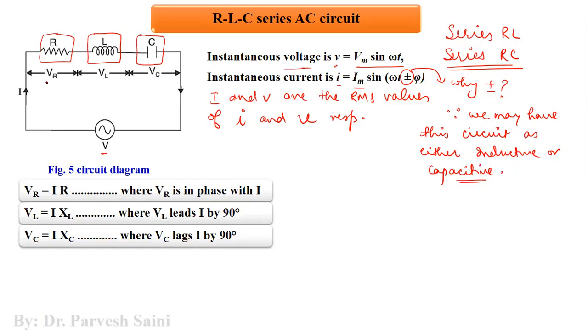Now, let there be three voltage drops VR, VL, and VC, which are appearing across the resistor, inductor, and capacitor respectively. So VR is equal to I into R, where VR, if you draw the phasor diagram here, you can see that VR and I are in the same phase. Now here, the voltage VL leads the current by 90 degrees. So we'll draw it like this. The voltage VL leads the current by 90 degrees.